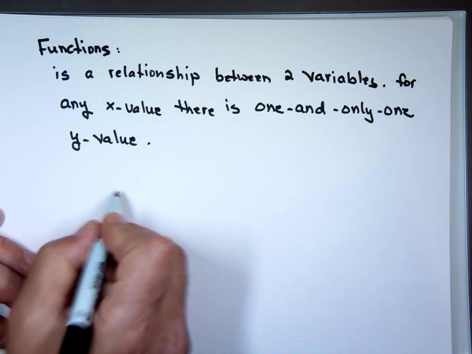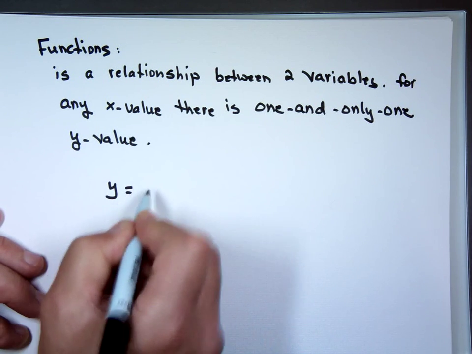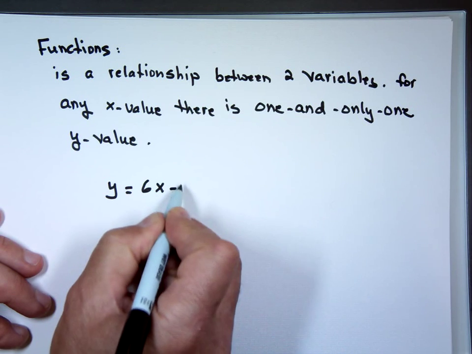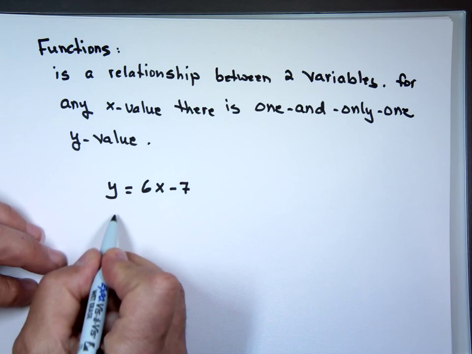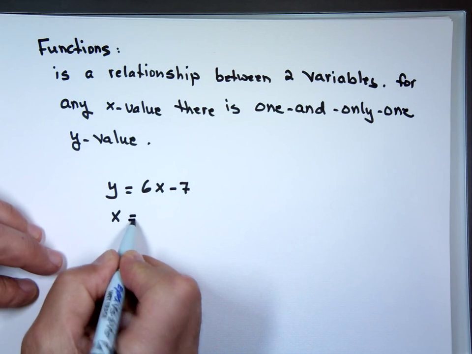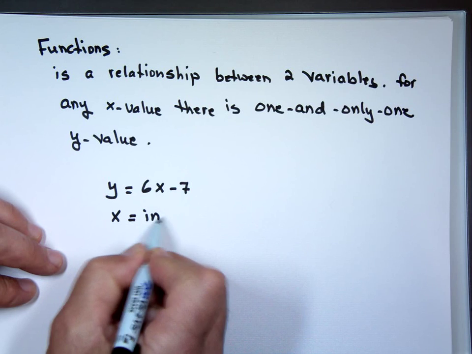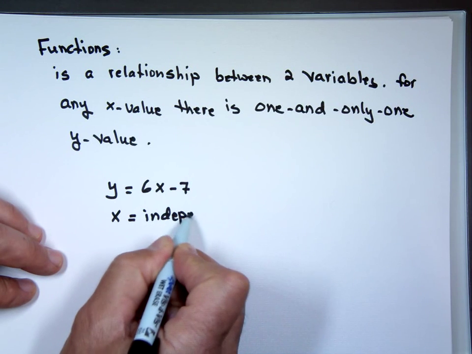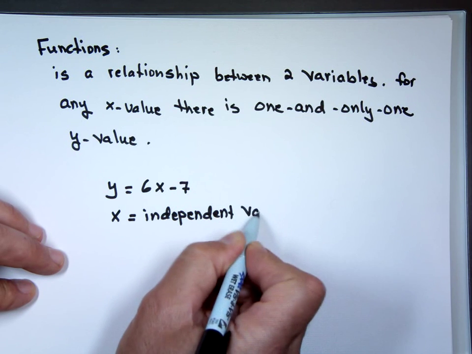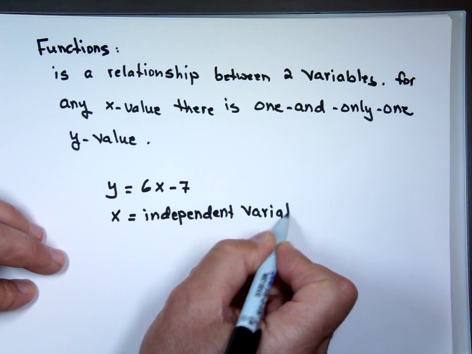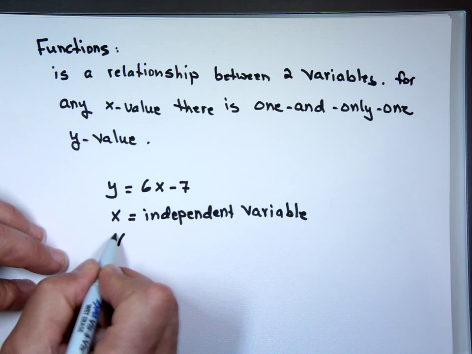So here's an example. y equals 6x minus 7. That is a function. y is a function of x. As I said before, x is known as the independent variable, and y is known as the dependent variable.